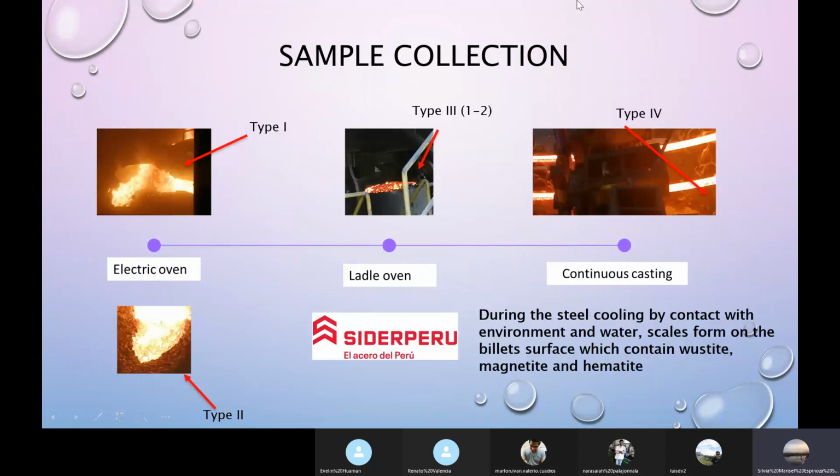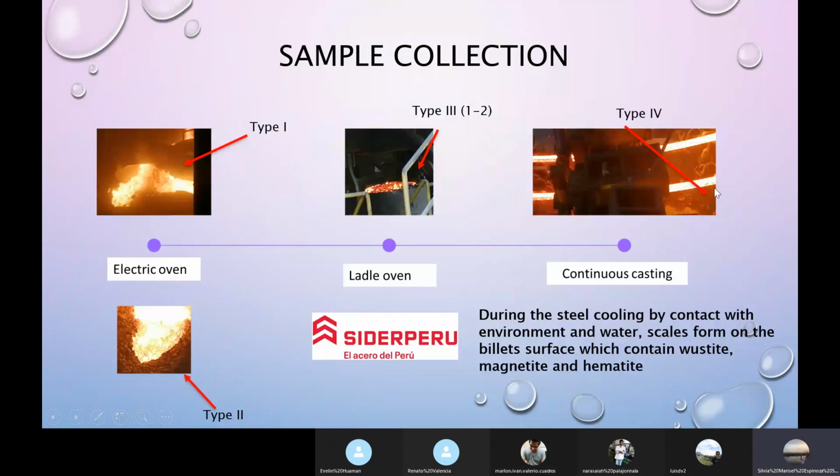The production process of the steel works in Chimbote, Peru, consists of several steps, already presented by colleagues in previous presentations. One of the last steps includes the continuous casting of the melted steel.